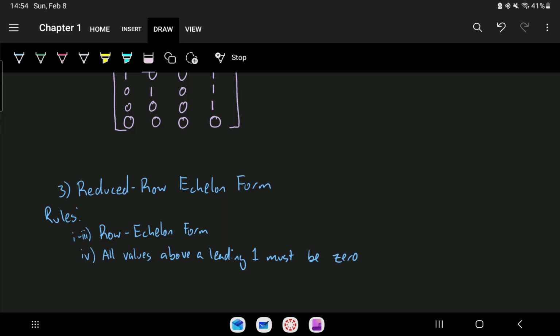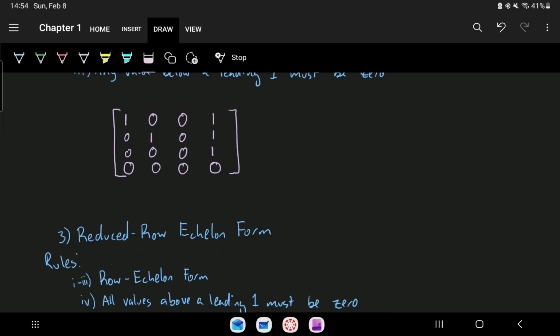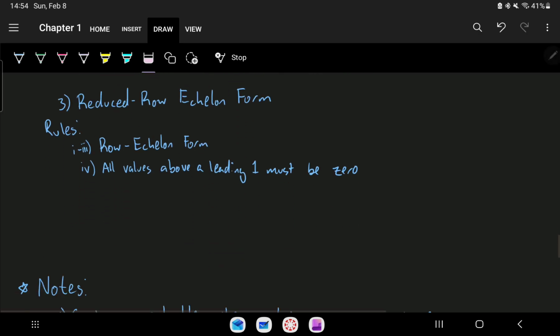Basically, the same rules apply as row echelon form, but we're going to add another rule. In addition to all values below a leading 1 being 0, it also needs to be 0 above a leading 1. So I can't have something like... actually, I could have something like that, excuse me.